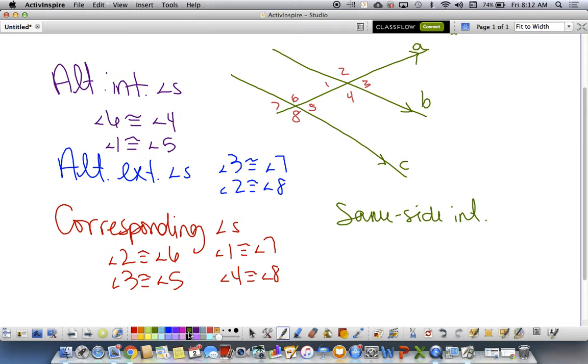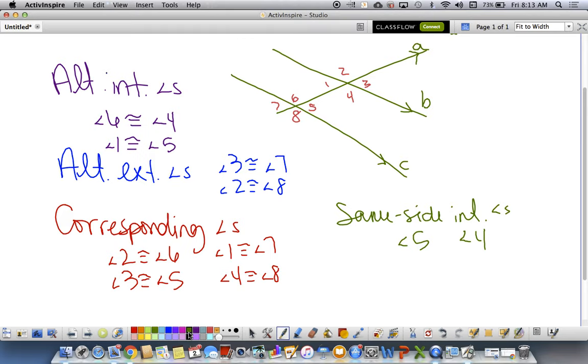All right. What are same side interior angles? Give me a pair. Angle 5 and angle 4, Carson. How are they related? They are supplementary.